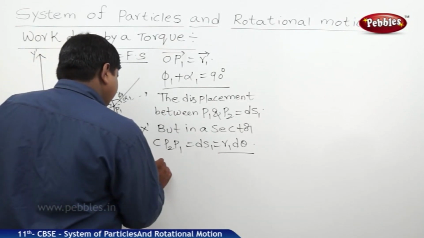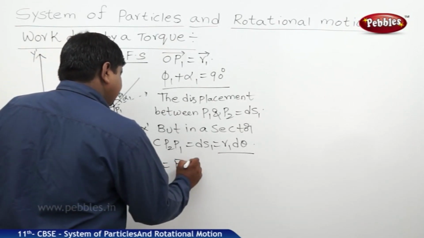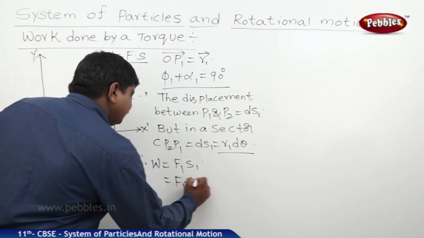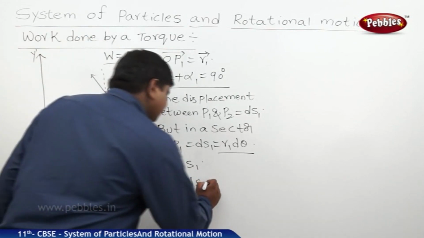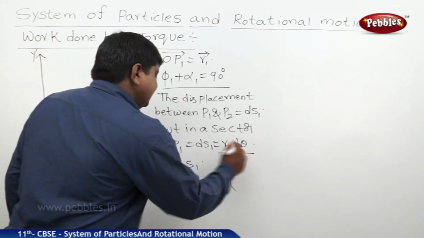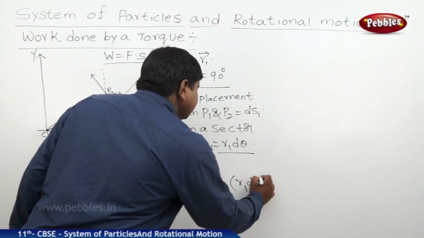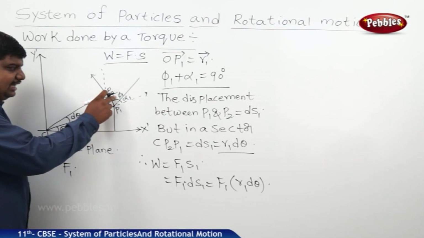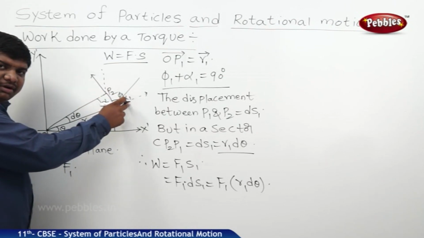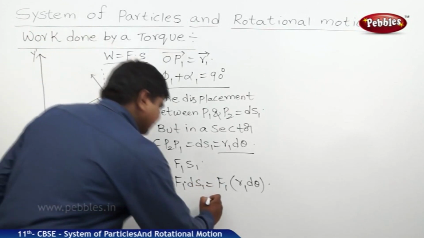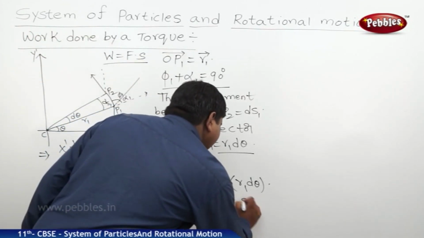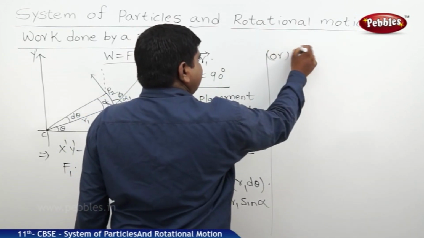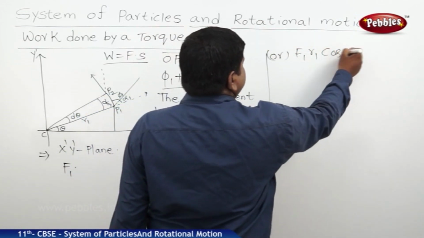So work done is equal to F1 S1, or this can be written as F1 into ds1. Therefore it is written as F1 into r1 d theta. The angle theta we can write in the form of phi or in the form of alpha. So it is F1 r1 sin alpha, or F1 r1 cos phi.